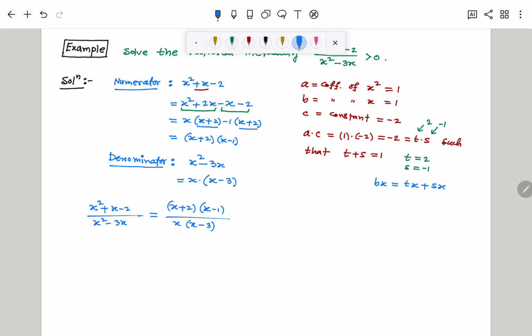In the numerator, the zeros are −2 and 1, because we have two factors. From one factor you get −2, and from the other factor you get 1. Okay, and the zeros of the denominator.